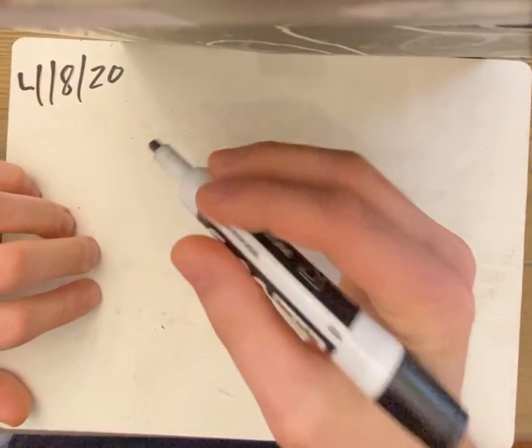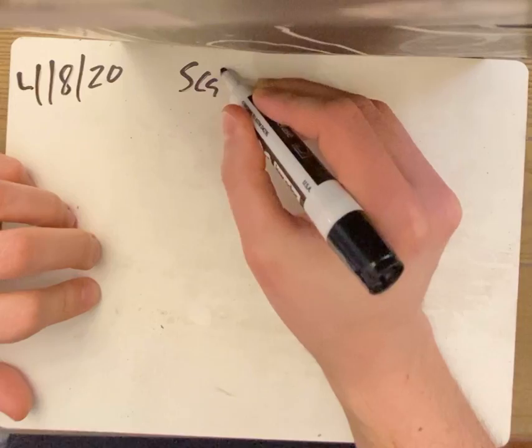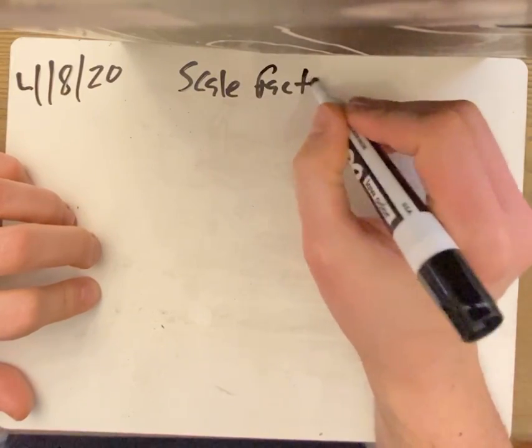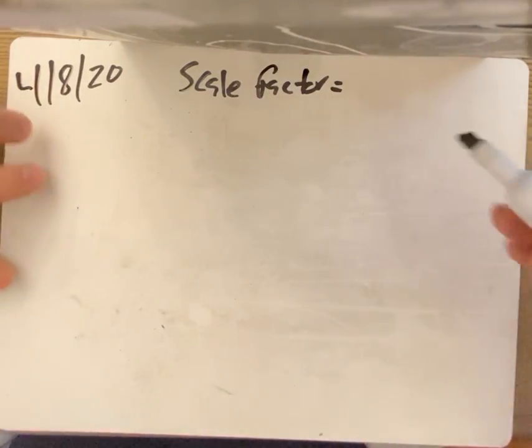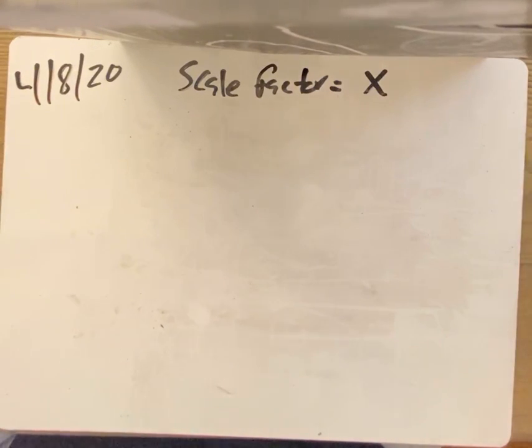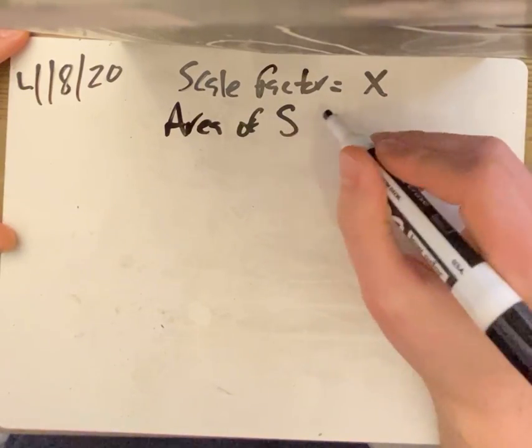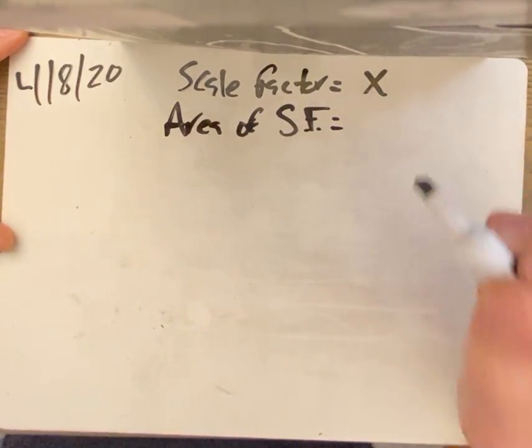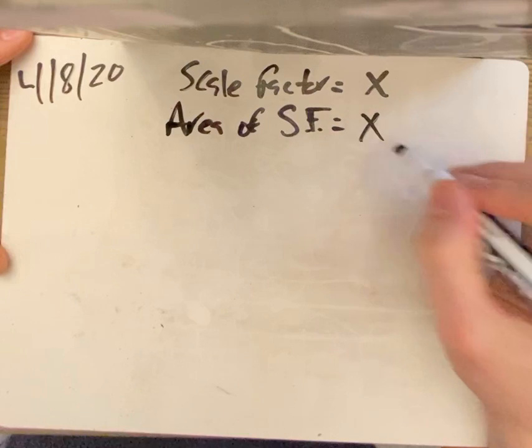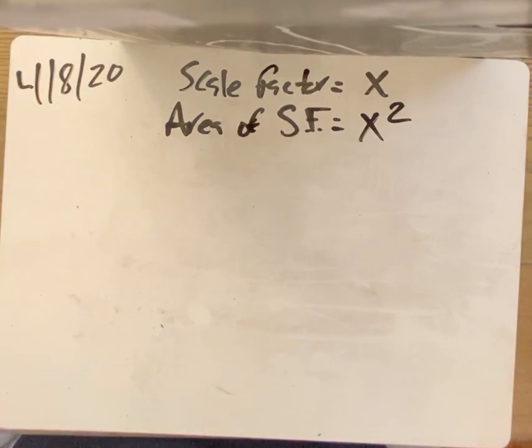If you have a scale factor, and let's say it's represented by X, whenever you want to get the area of a scale factor, all you have to do is square it. And that's how you get the area of the scale factor.